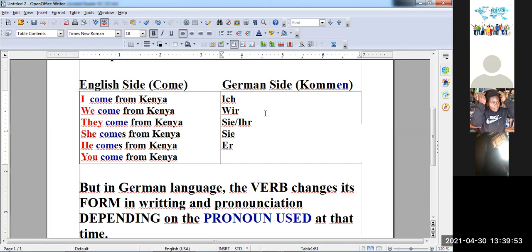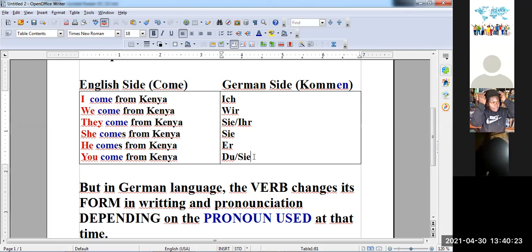You can be du. Du is informal, if you don't respect somebody or are talking to a small boy, hey, you come from Kenya. Du, informal. Or formal, for respect, Sie.